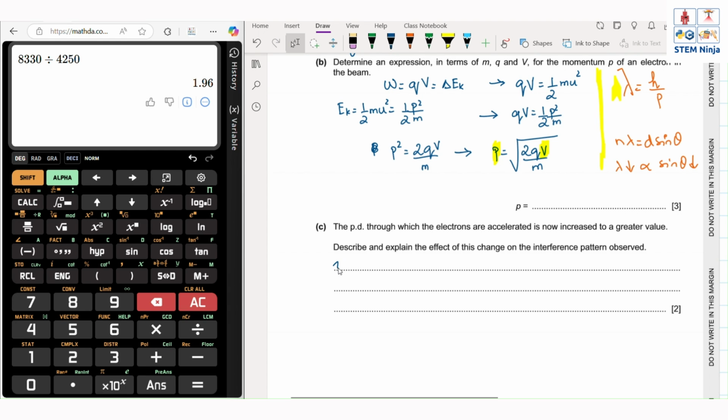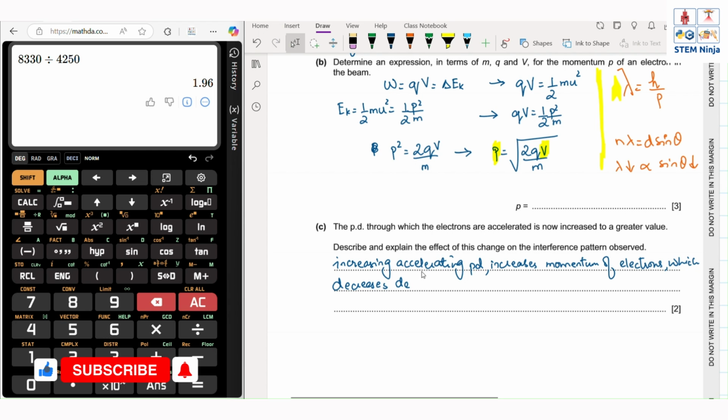So increasing accelerating PD increases momentum of electrons, which decreases de Broglie wavelength.